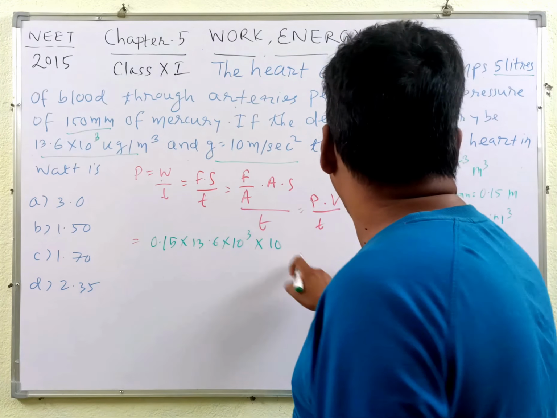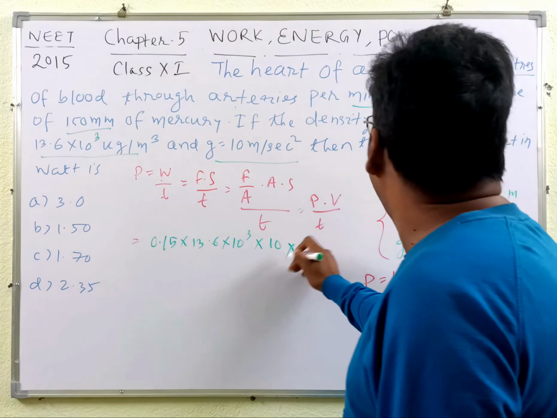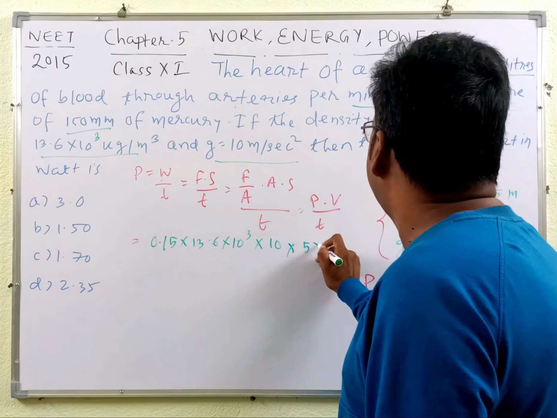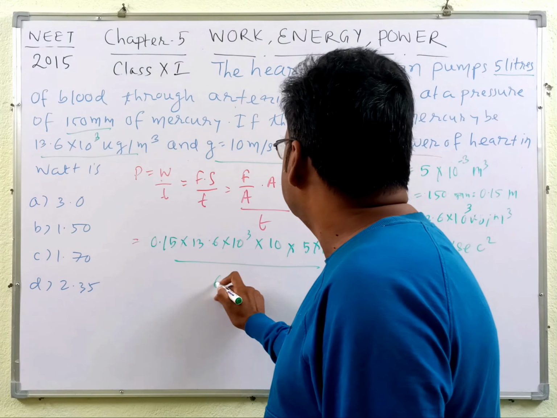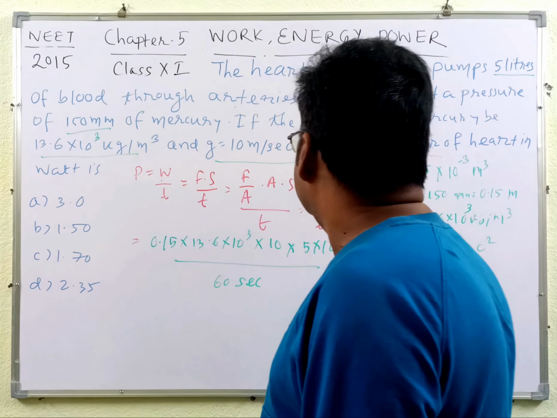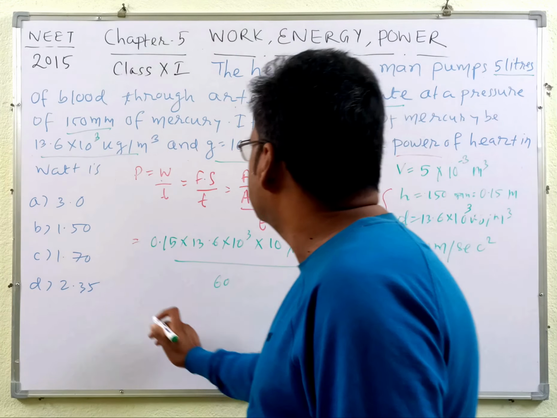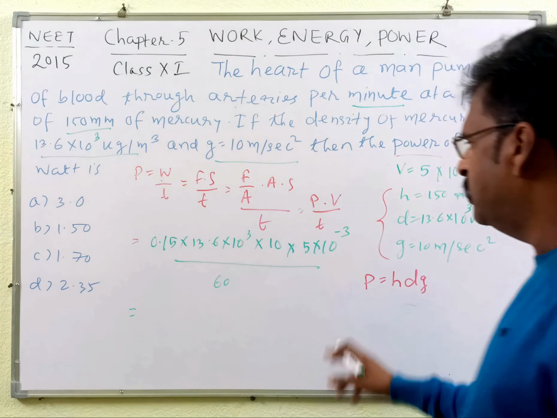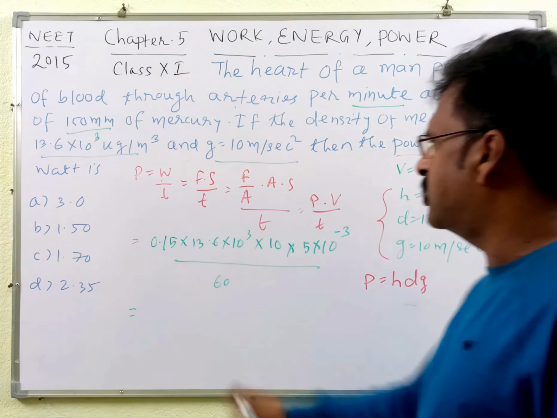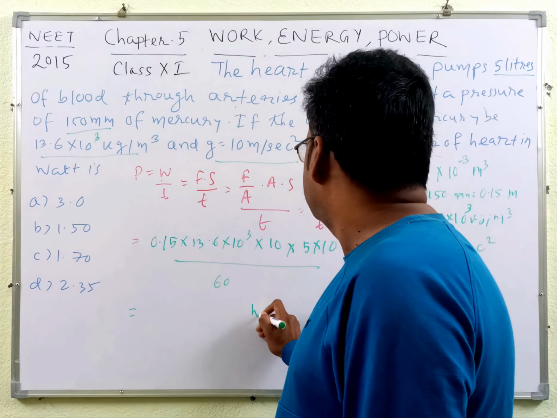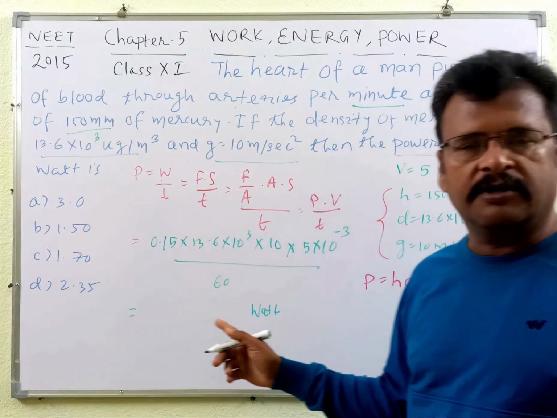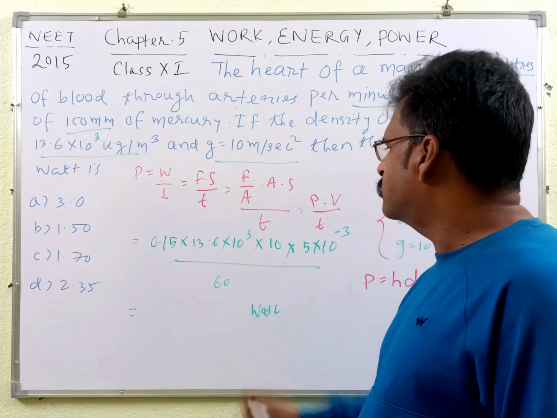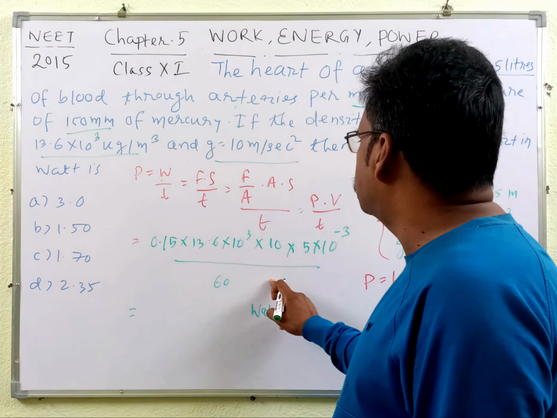This is hdg, that is pressure, and volume is equal to 5 into 10 to the power minus 3, and divided by time, that is 60 seconds. Let us not write the units because everything is in SI units, so we can directly put the unit of power, which is the SI unit of power, watt. Okay students, so let us calculate this.